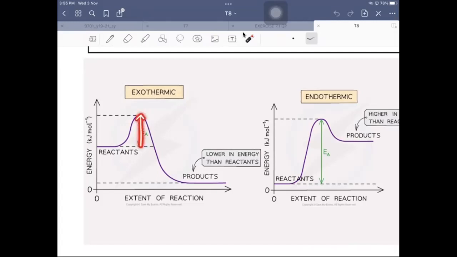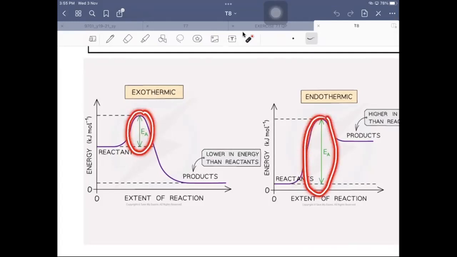Don't get confused between activation energy and enthalpy change. The enthalpy change of reactants and products, since it's exothermic, is going down. It's here in the red arrow. The enthalpy change of endothermic is between the reactants and the products. For endothermic reaction, you can see it now being drawn in the red arrow. So you may notice that the activation energy of an exothermic reaction is smaller than the activation energy of an endothermic reaction.